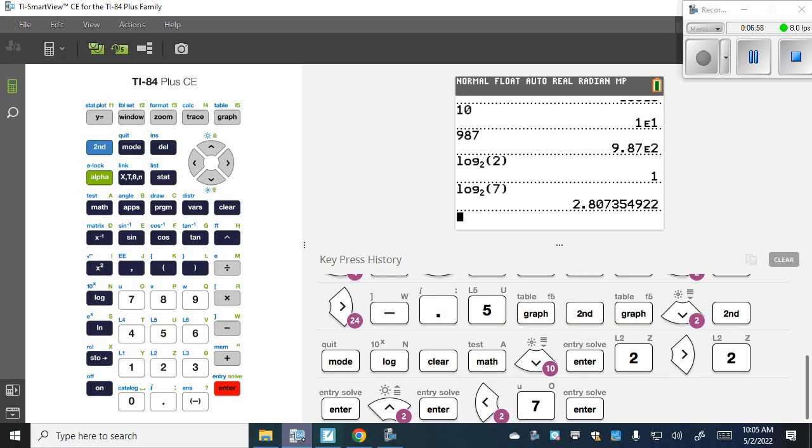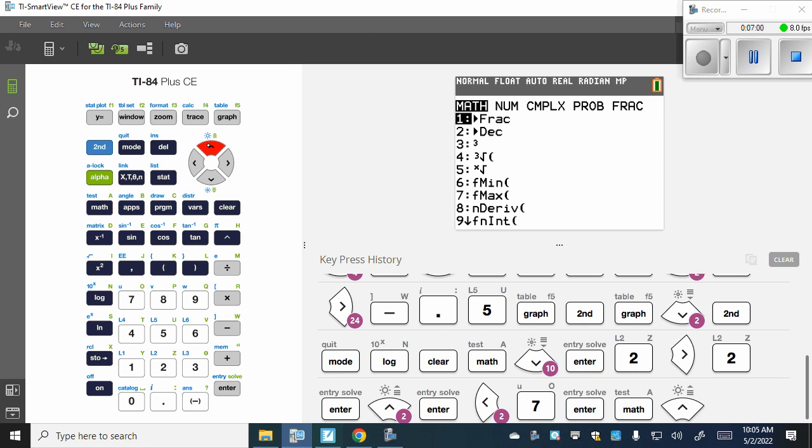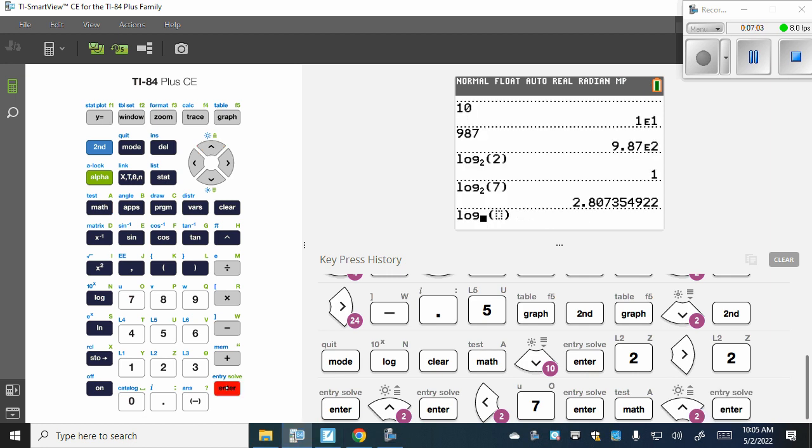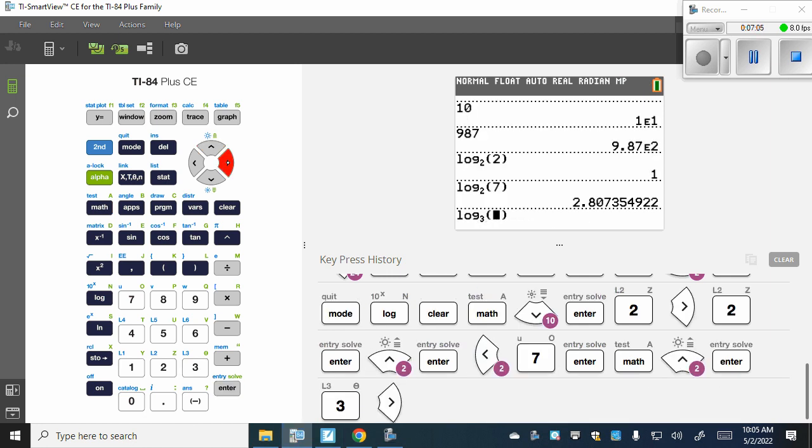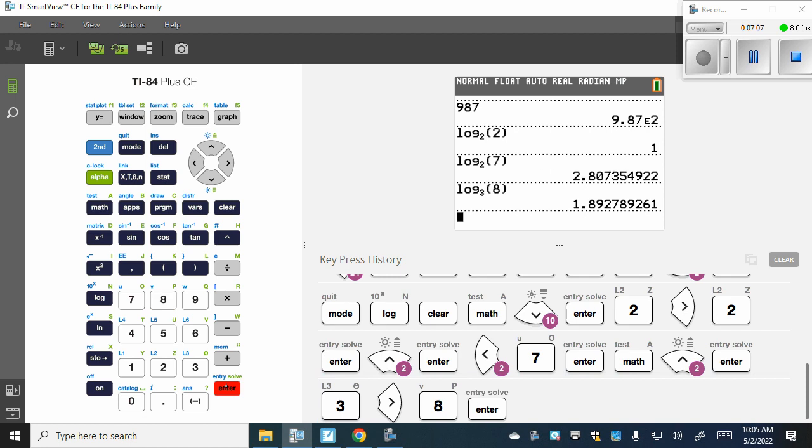And in the calculator, we can say math, log base 3 of 8, and we get 1.8927. And on the homework, you'll want to evaluate these to 3 decimal places. So 1.893.